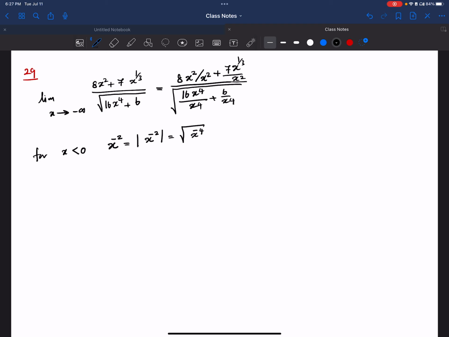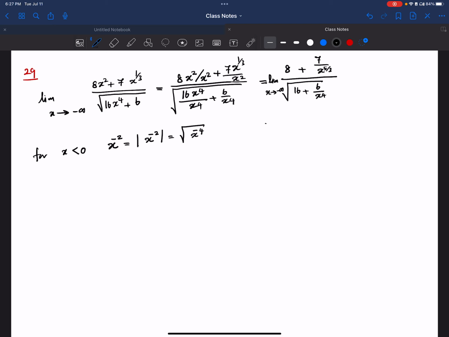We end up with 8 plus 7 x to the power negative 5/3, over the square root of 16 plus 6 divided by x to the power 4. This is the limit as x goes to negative infinity.